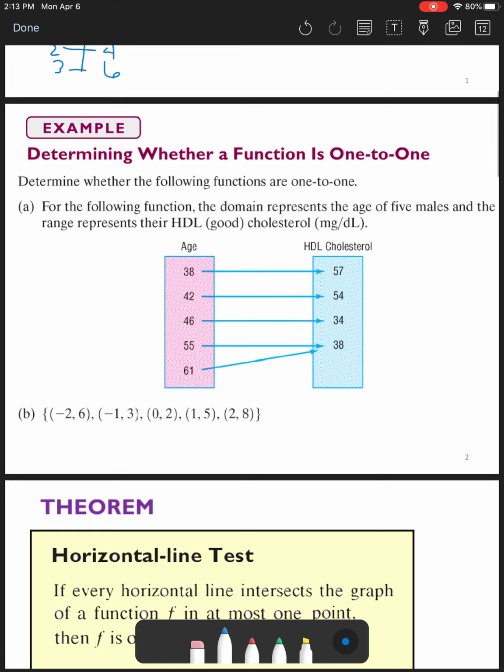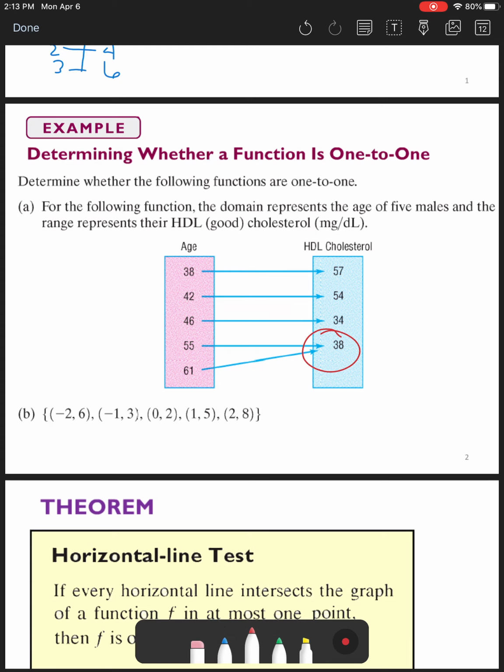All right, let's scroll on up. So rolling through this example, it says determine whether a function is one-to-one. It gives us a relation. Now, looking through everything, you're like, hold up, what's that double arrow at the bottom?